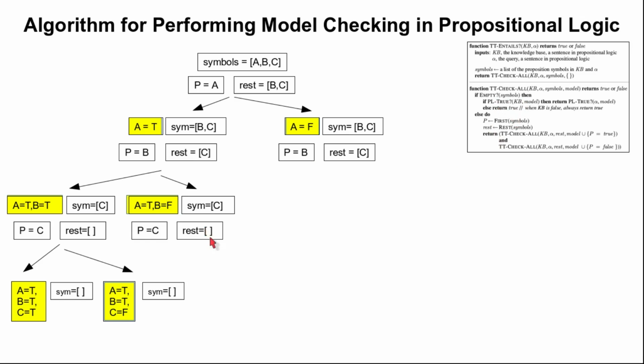So we will evaluate the knowledge base in this model, and if it is true, then you remember what was the meaning of entailment. If the knowledge base is true, then alpha also has to be true. So if knowledge base is true, then we check whether alpha is true or not. Otherwise, if knowledge base is not true, then we don't have to check whether alpha is true or not.